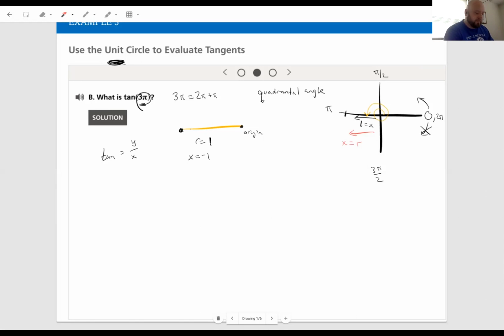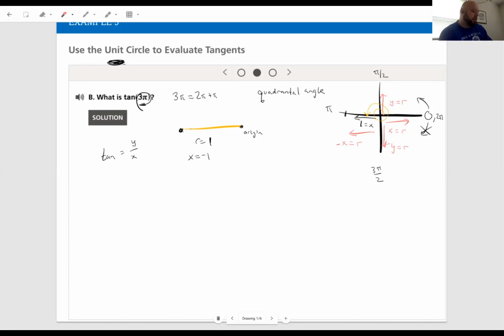So the radius is 1, but the x value also includes the sign, the direction that you move. If you go to the right, you still moved in the x direction, but since you moved right, your x value is positive. If you move up, then you have a positive y that you've moved, and that's going to equal the radius. And if you go straight down, then you'll have a negative y, which is equal to your radius.